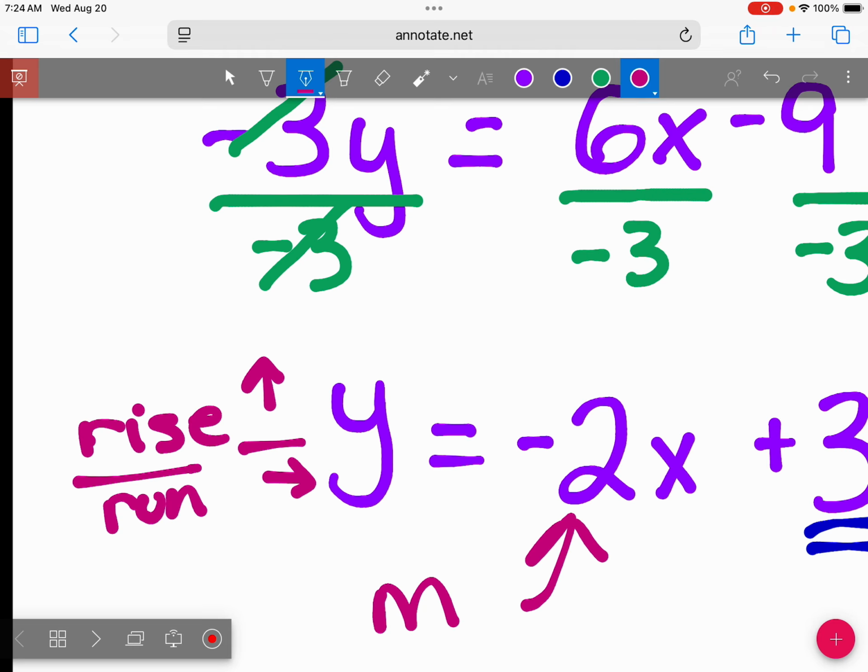If it's a fraction and it said like 2 over 3, then it would be 2 up, 3 right. So the default state is up and right, because that's the direction of positive numbers, which is the easy way to remember that. Positive numbers are up here, positive numbers are right. So we're chasing the positives.